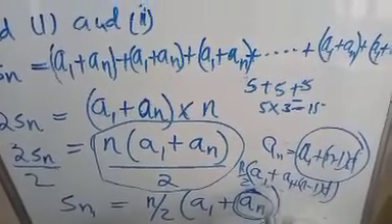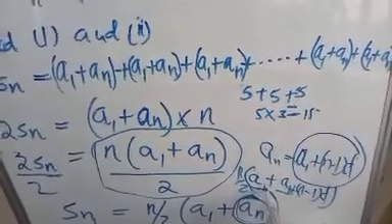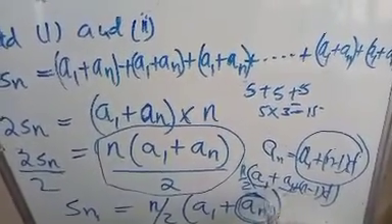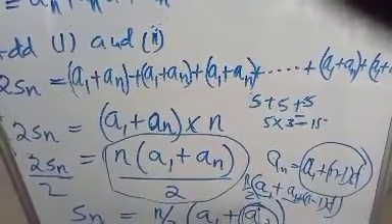Combining these, I get 2a1 plus n minus 1 bracket d, while outside there is n over 2.